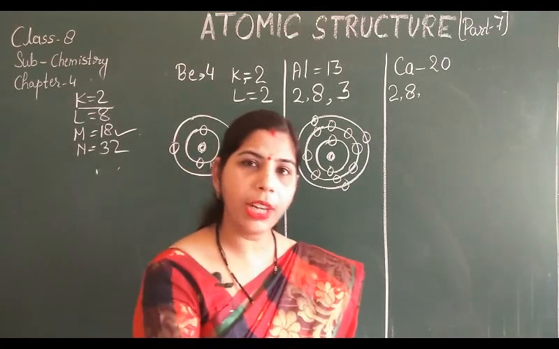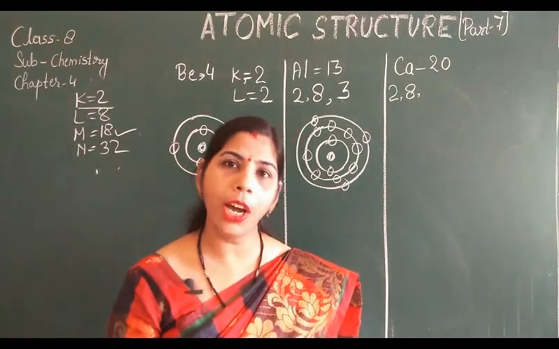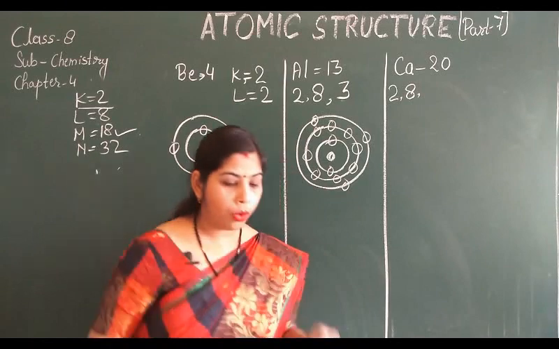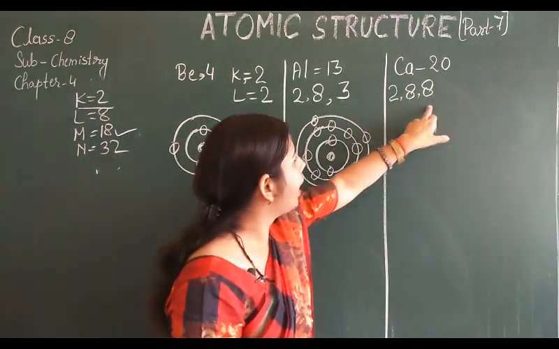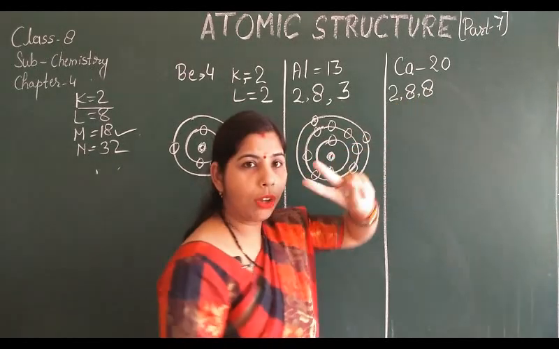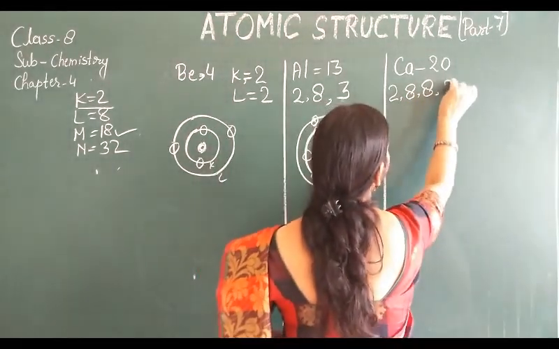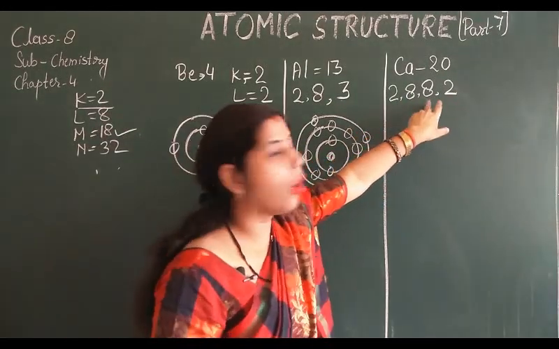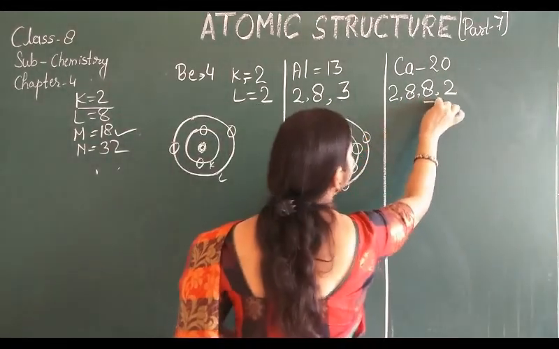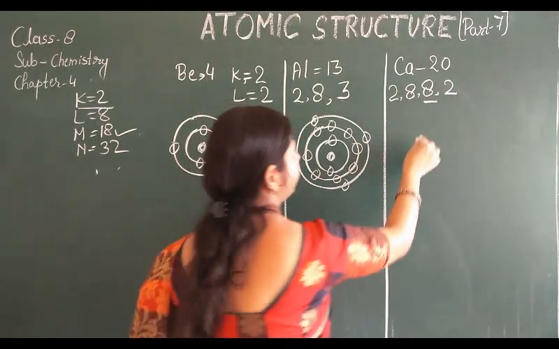Why we cannot put 18 electrons? Because of the octet rule. So here again we are going to fill 8 in the next. So 8, 8, 16, 17, 18. Now the 2 electrons are left, so they will be in the last shell. So in this way, because of the octet rule, here we have only filled 8 electrons.